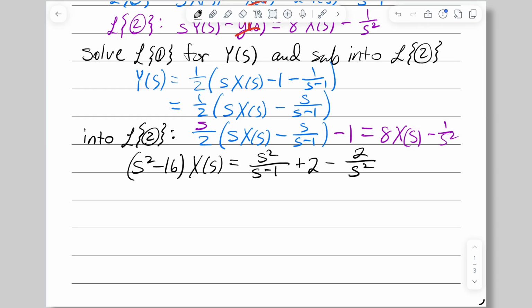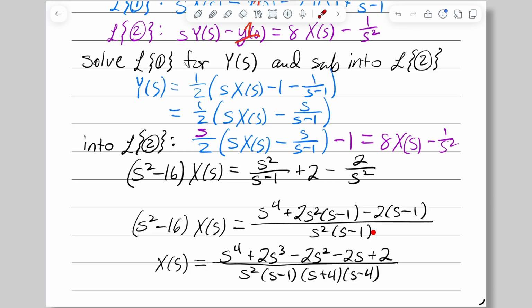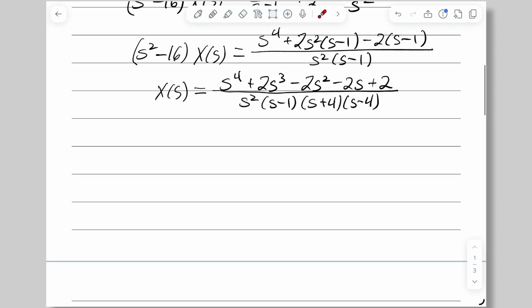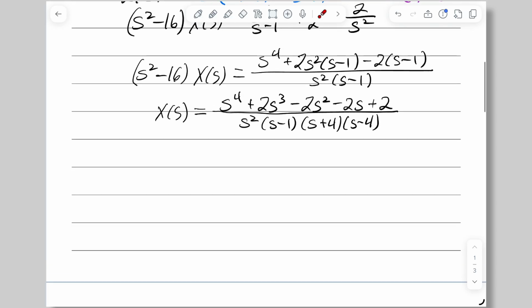Getting common denominators and then isolating X(s) gives us X(s) is equal to, the numerator is s to the 4th plus 2s cubed minus 2s squared minus 2s plus 2, divided by the denominator s squared times s minus 1 times s plus 4 times s minus 4. And I encourage you to work out those steps to make sure you get the same thing that I have here.